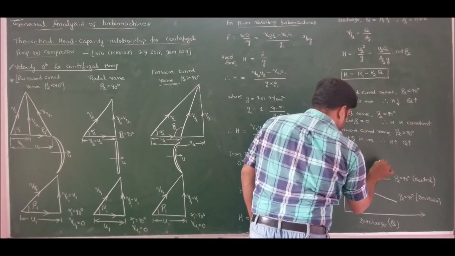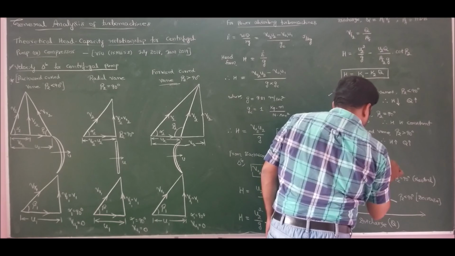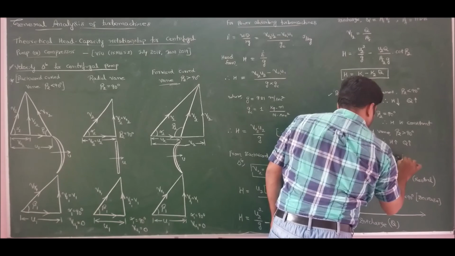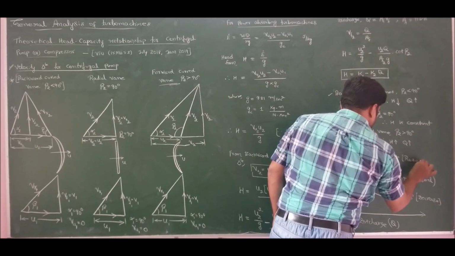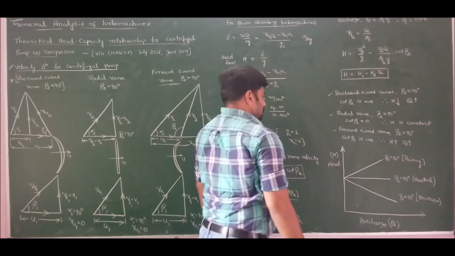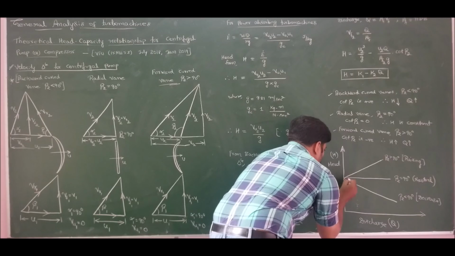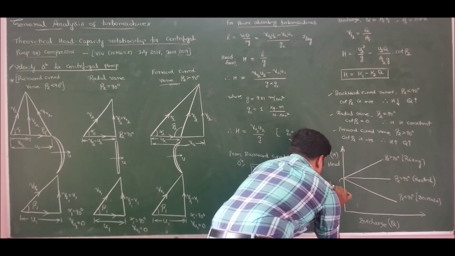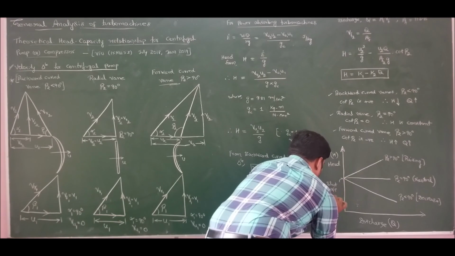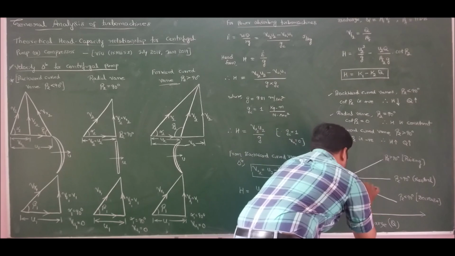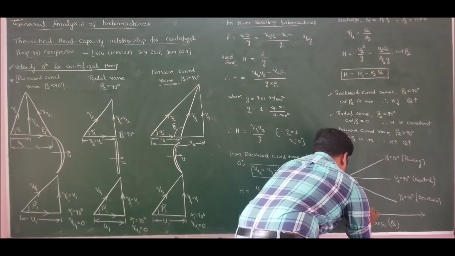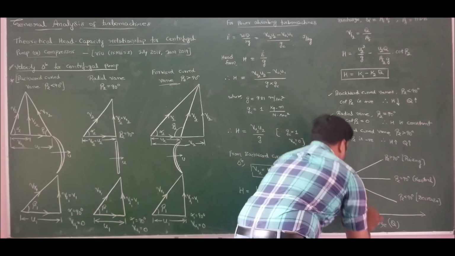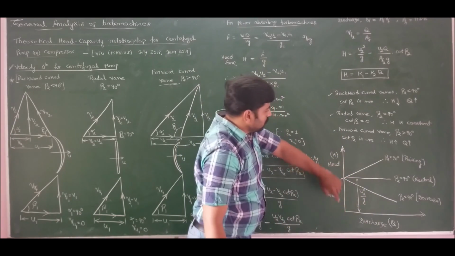For beta 2 greater than 90 degrees, cot beta 2 is negative, therefore H will increase with Q. The magnitude of the shut-off head is known to us: it is K1, which is nothing but U2 square by g.